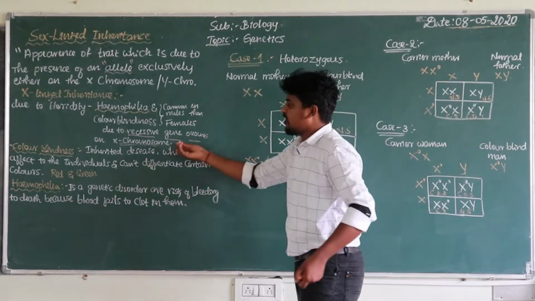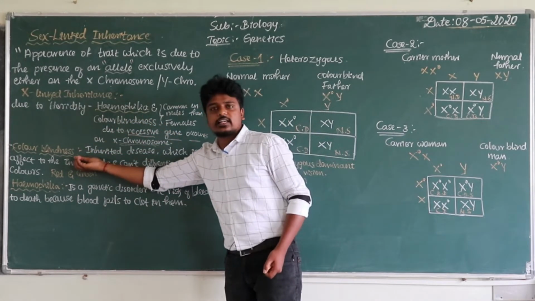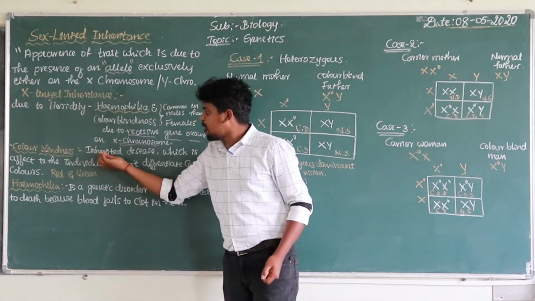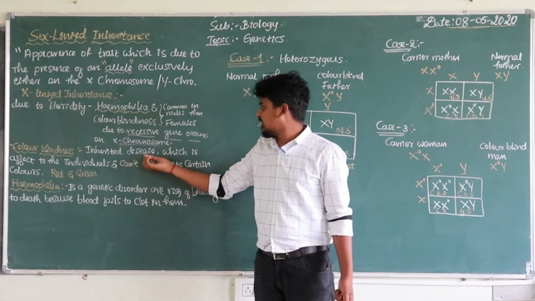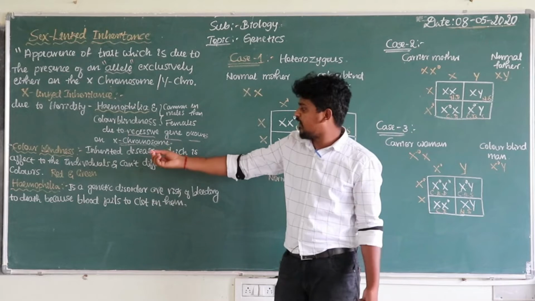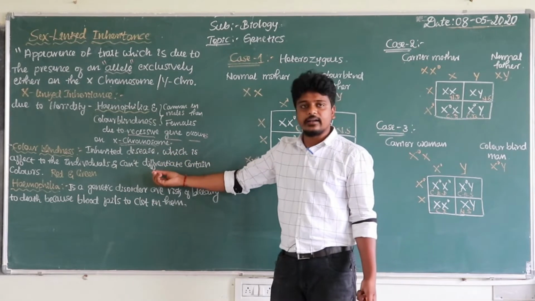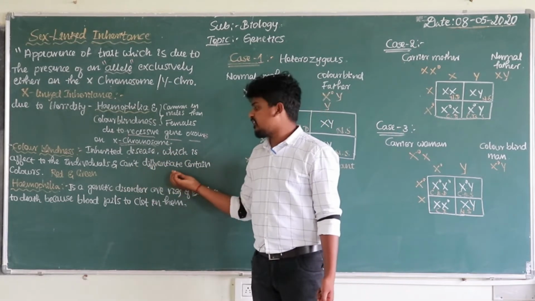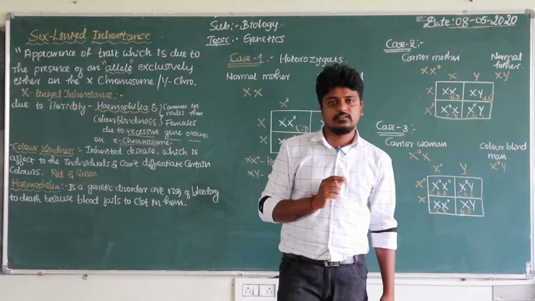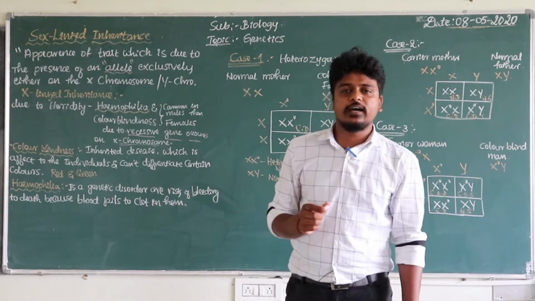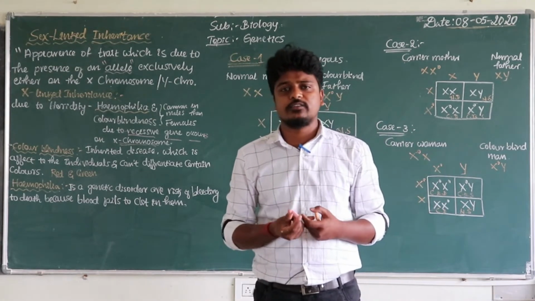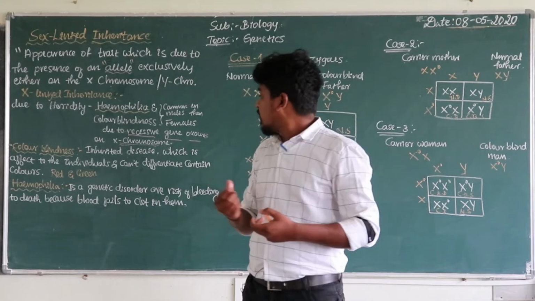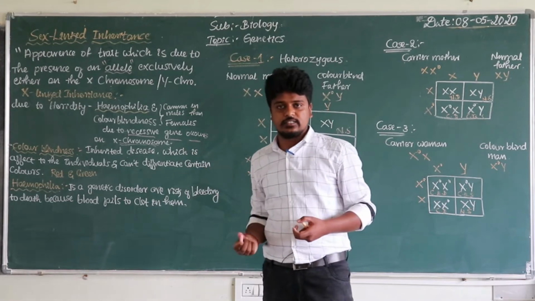So let us start with the first disease, called color blindness. Yes, of course, it is an inherited disease in which the affected individual cannot differentiate certain colors. I think you have already seen some people who cannot differentiate certain colors.